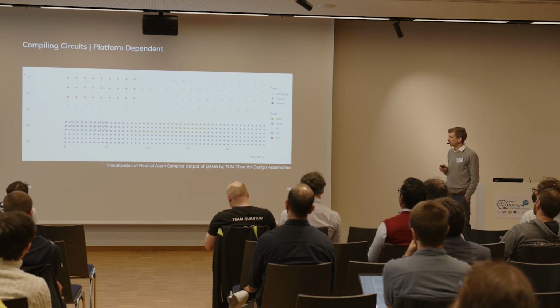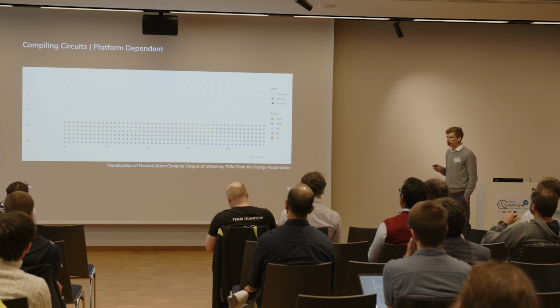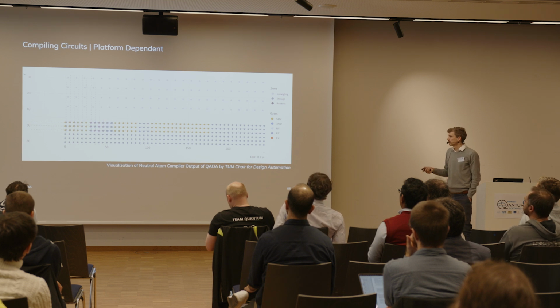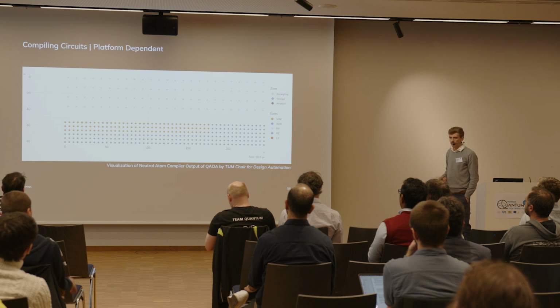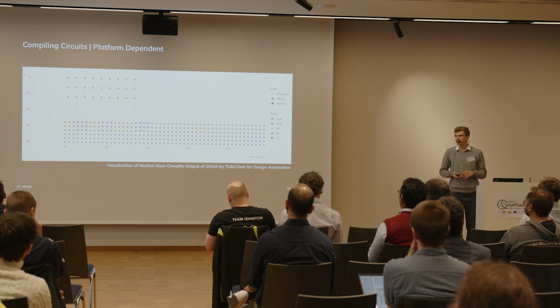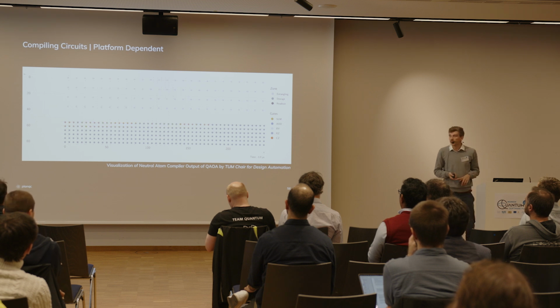Then you can move atoms around to do a 2 qubit gate, and now 1 qubit gates again. And this is a QAOA algorithm that they mapped in this compiler to this version. And this now could be executed. It also looks in simulation like how it would work on a real neutral atom quantum computer.